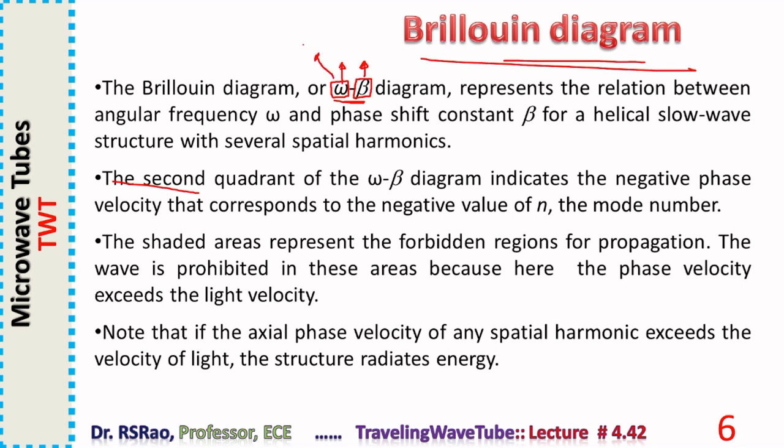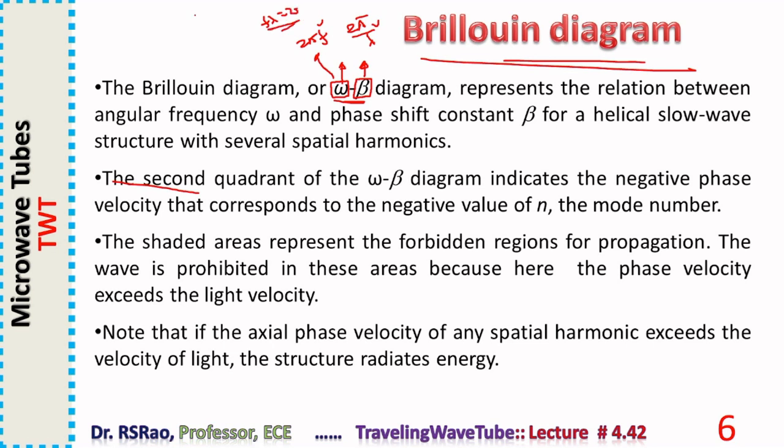Omega is 2 pi f. f is linear frequency, whereas beta is 2 pi by lambda. Lambda is wavelength. And f and lambda, these two are related, we know very well. In any wave phenomena, f into lambda is velocity of the wave.